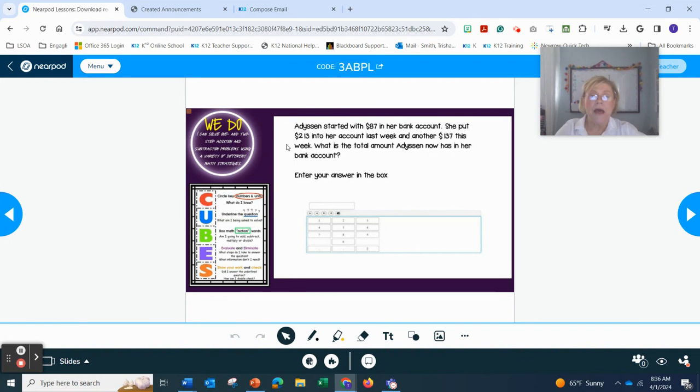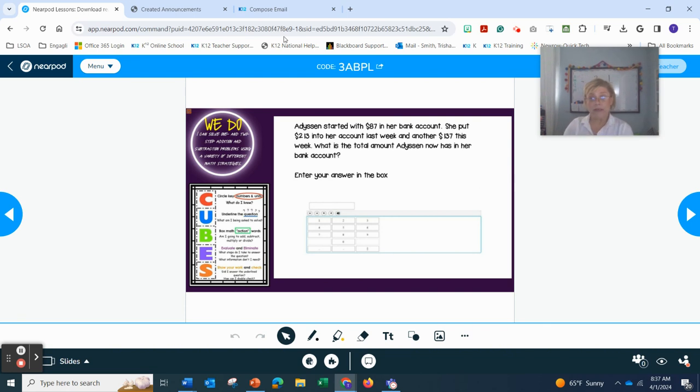She put $213 in her account last week, and another $137 in her account this week. What is the total amount Addison now has in her bank account? Enter the answer in the box.